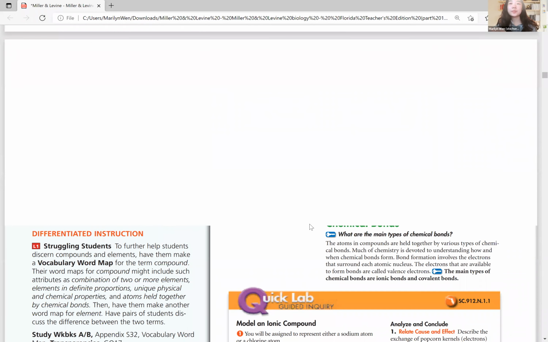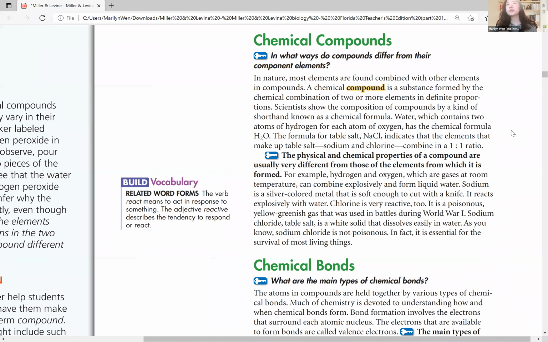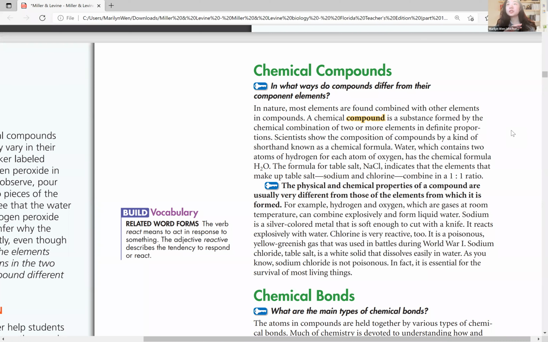Okay, so in the next page, it introduced the concept of compound. A compound is when you have different elements, a number of them, and you combine them together and they become compounds.